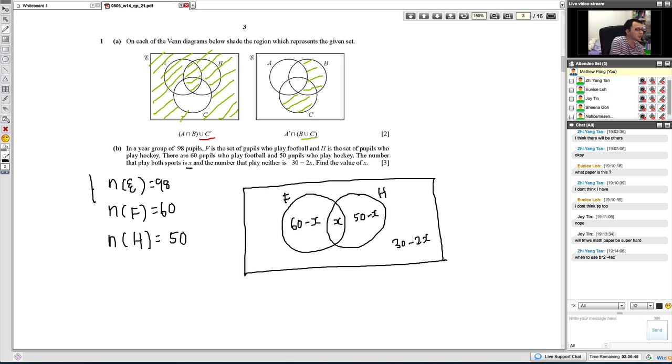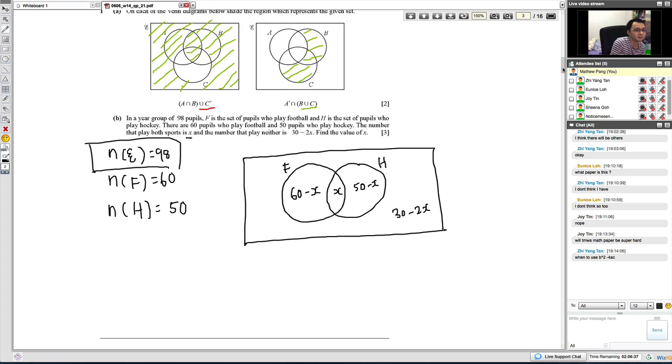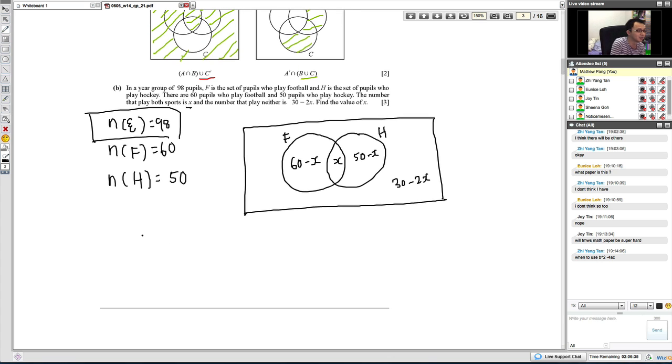We know the total is equal to 98, so everything in the diagram should add up to 98. So 60 minus x plus 50 minus x plus 30 minus 2x should equal 98. This is how you find x.